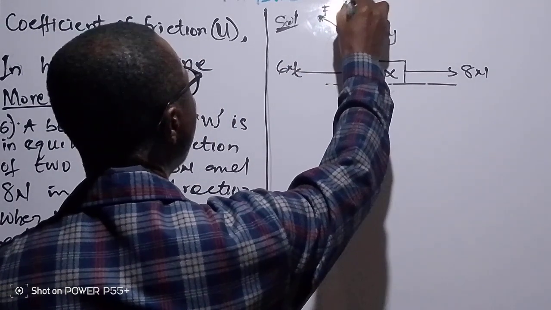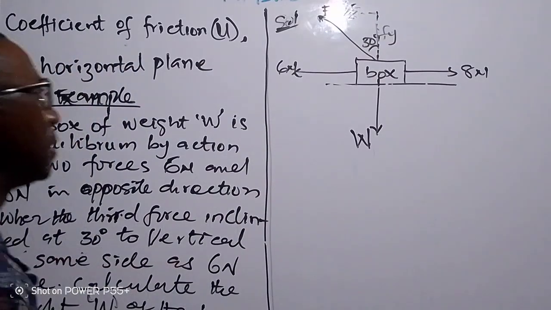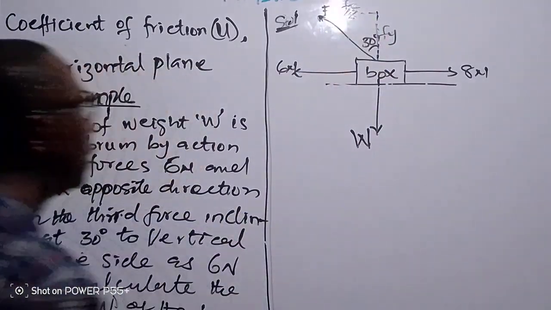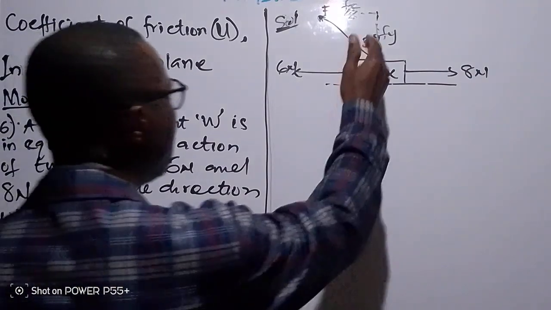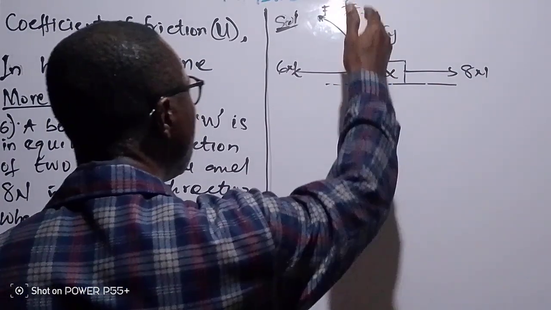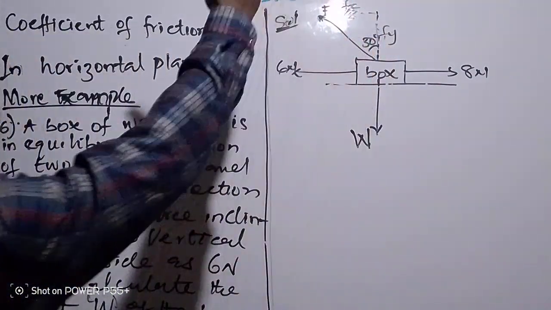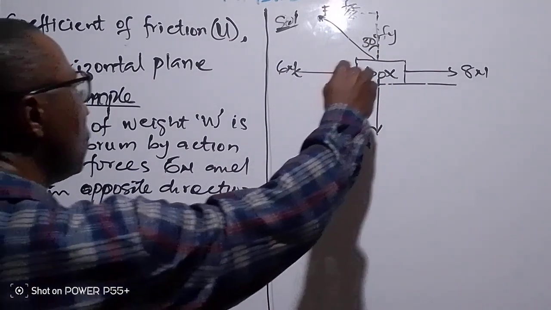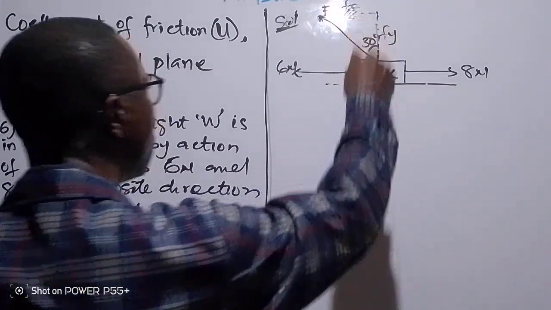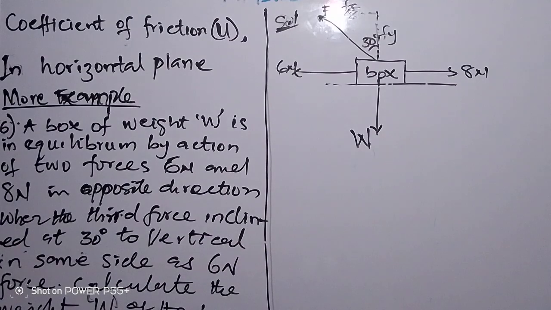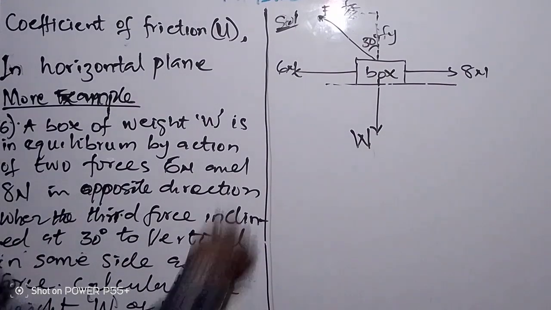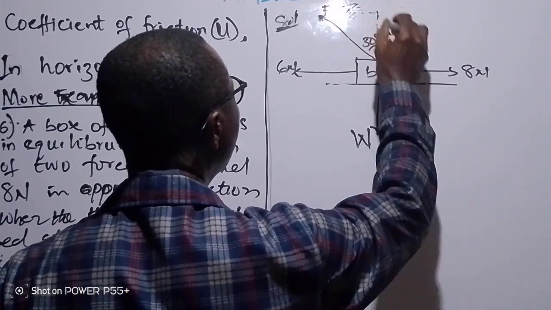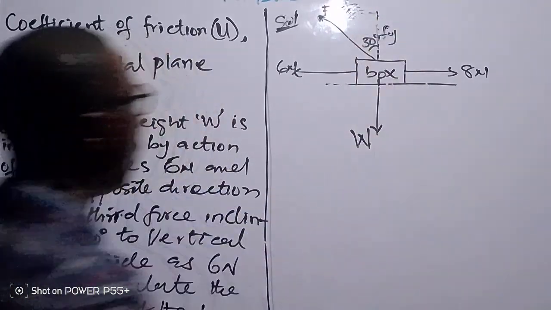This is Fx in horizontal direction. Because this F is not a straight line. If it is a straight line like this, then we consider it only as a vertical component. But once it makes an angle theta, we need to consider it in both horizontal and vertical. So for horizontal, we call it Fx, for vertical, Fy.